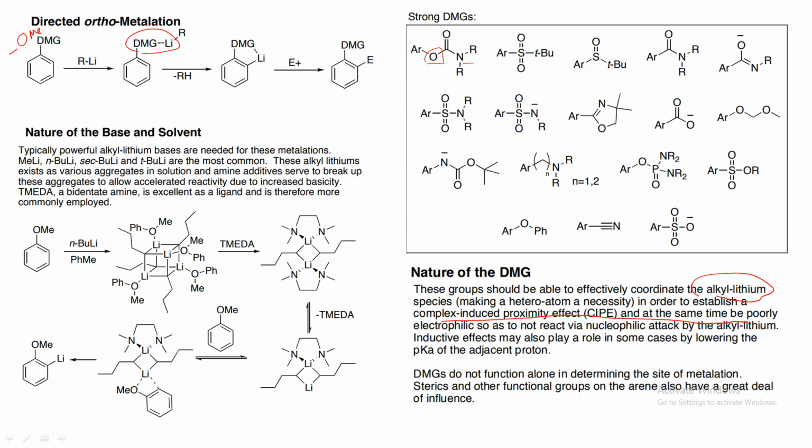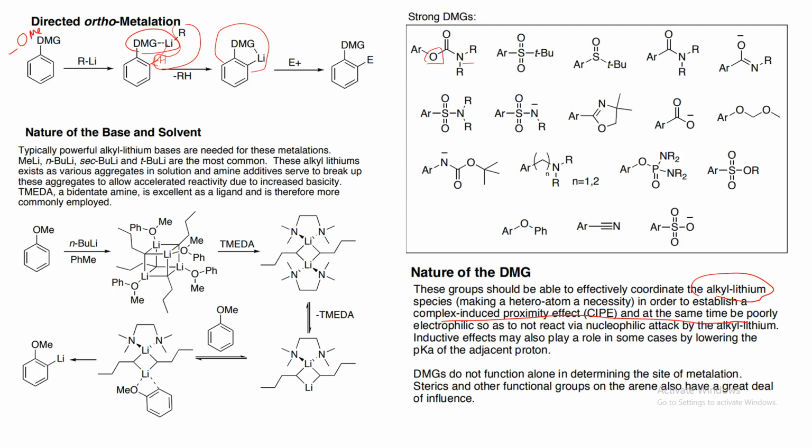That's why this DMG needs to have one oxygen or nitrogen, so that this interaction is possible. The next thing is removing this proton. After removing this proton, RH is generated and lithium is incorporated over here, and obviously there is stabilization.